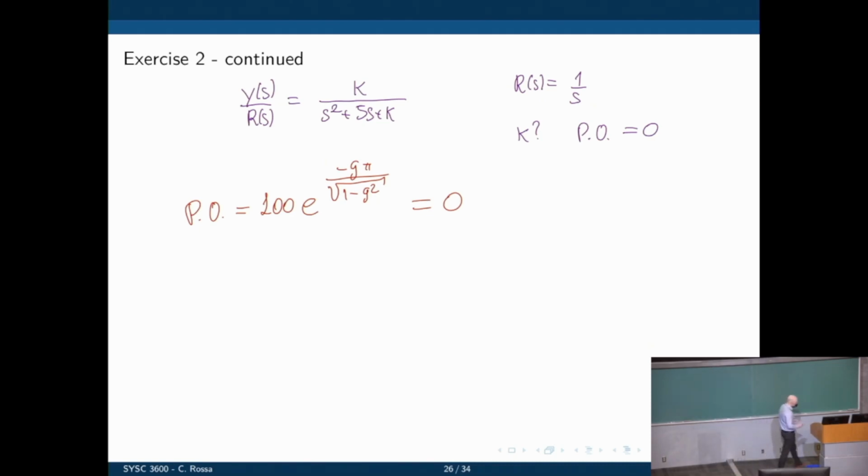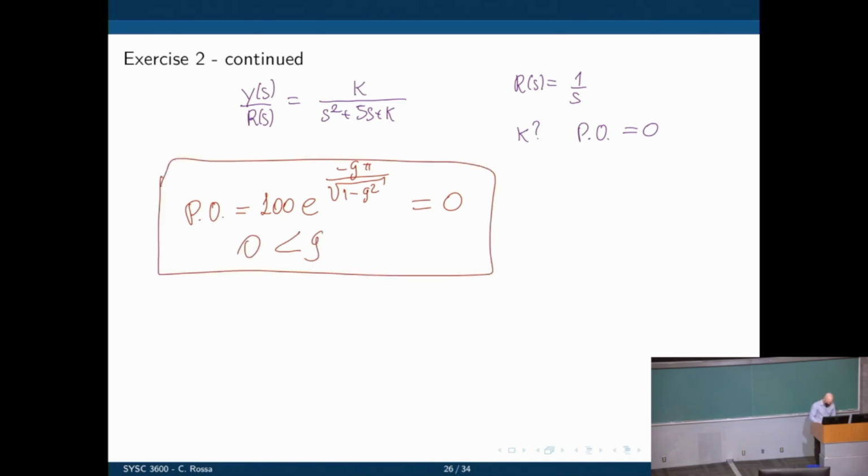Why doesn't it work? Because this equation is only valid for zeta between 0 and 1. If you want 0 overshoot, zeta must be greater than or equal to 1. So this equation does not hold because we are outside of its bounds for zeta.